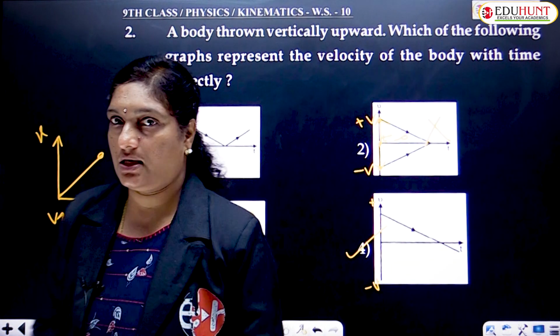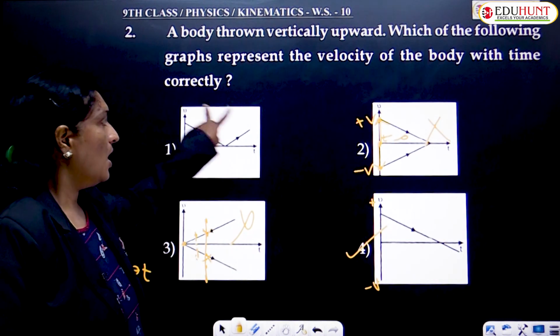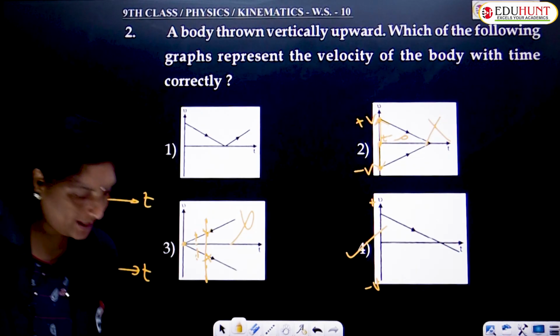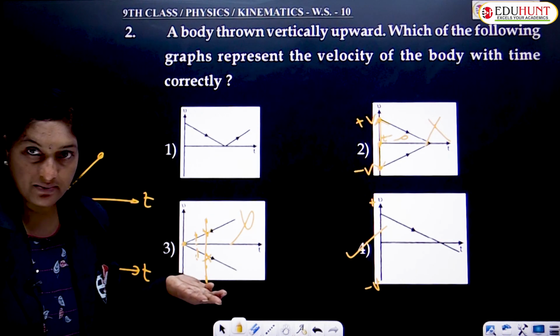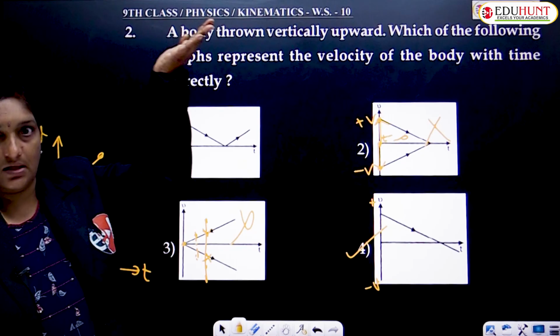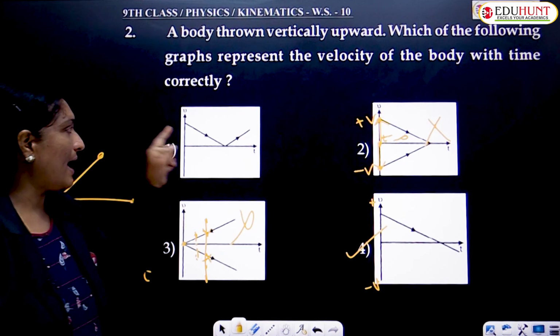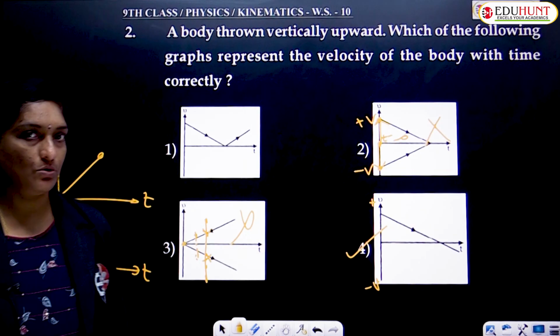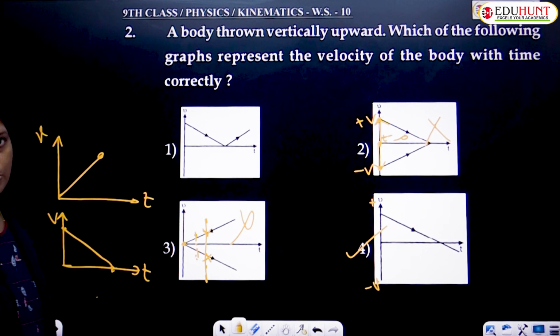But here both are in the positive case only. This may happen when the body goes on, velocity becomes 0, and again increases in the same direction, then you have to take this. In the opposite direction, you have to consider this. So no doubt, the fourth option is true. Okay, children?